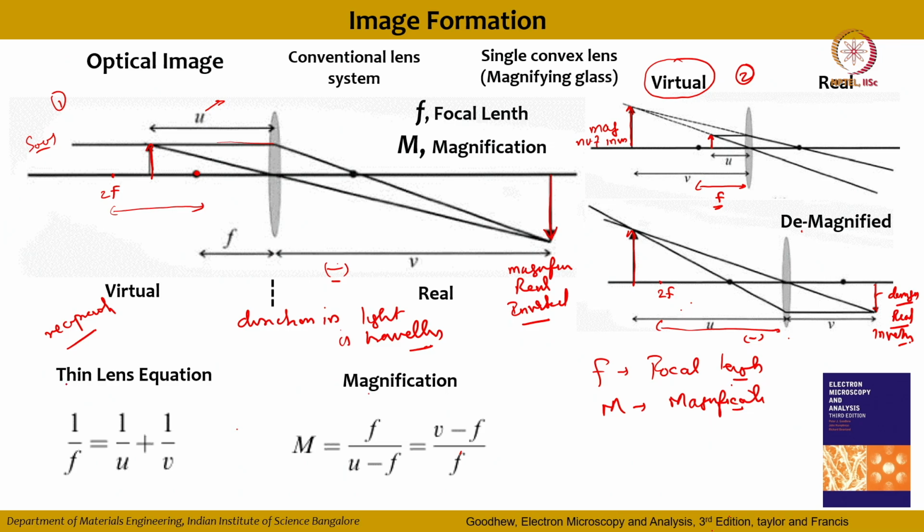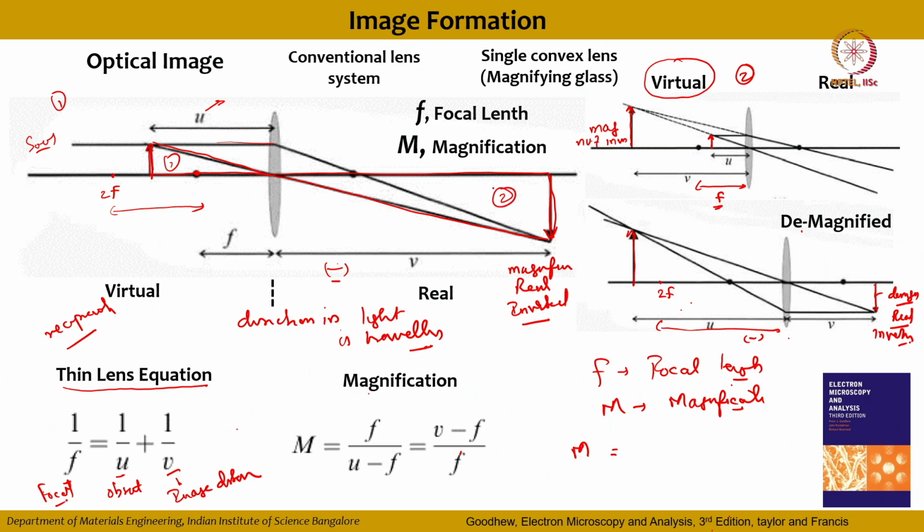it can be summarized by a basic thin lens equation. Here, what is the thin lens equation? The f is the focal point of the lens, u is the object distance, and v is the image distance. And this is your focal point. And magnification, you can see that this particular triangle is one triangle and the other is triangle 2.